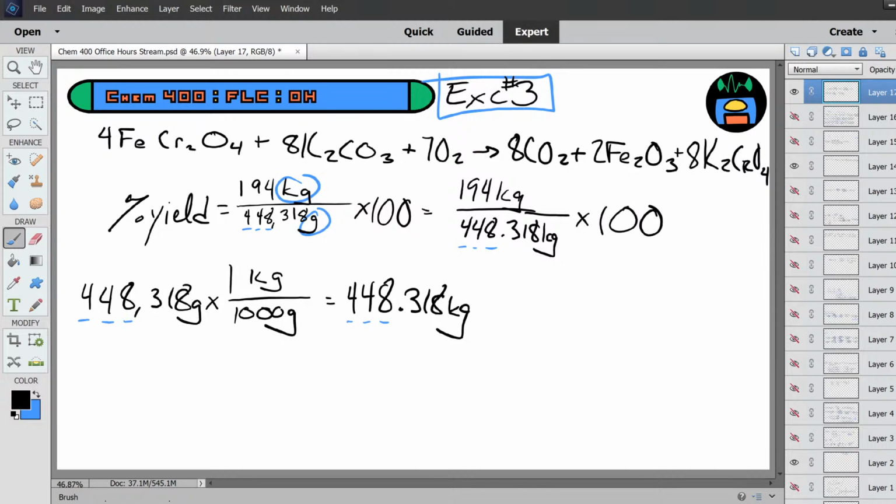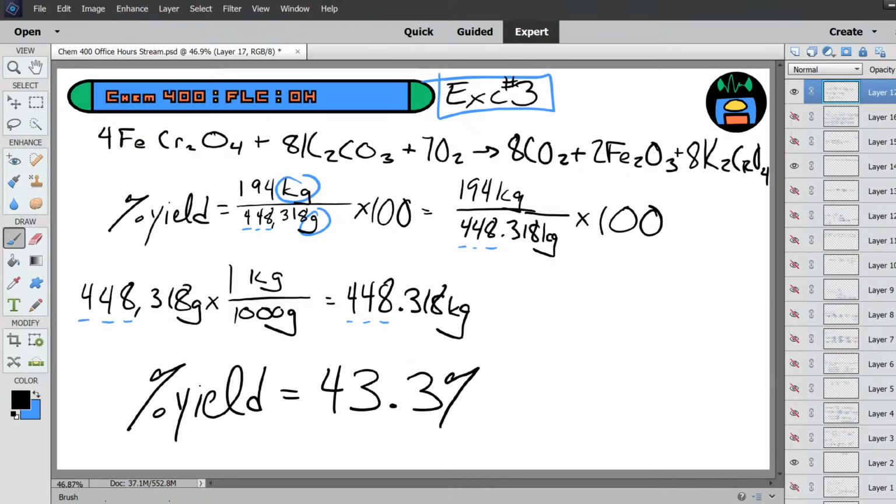So, crunching our numbers. 194 divided by 448.318 times 100. This, by the way, I used different numbers than the problem, so the percent yield that I calculated is not available as an answer because it's not a possible answer. So don't freak out if you're comparing this to exercise 3. Percent yield is 43.3%.